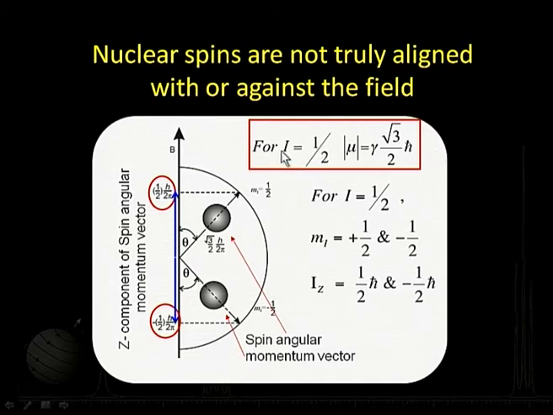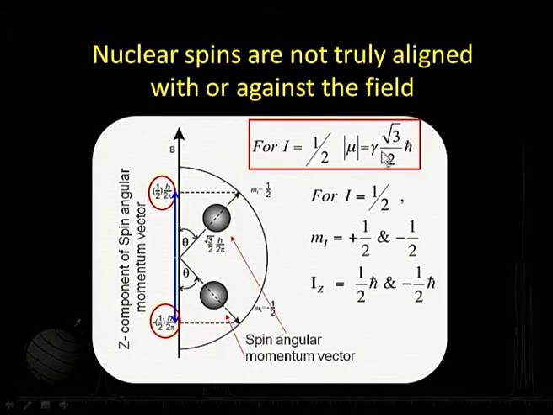What you find is, say for I equal to half, if I substitute the value of I equal to half into that expression, mu is equal to gamma times the square root of I(I+1), that gives me root 3 by 2. So that means the magnitude of this magnetic moment is root 3 by 2 ħ.